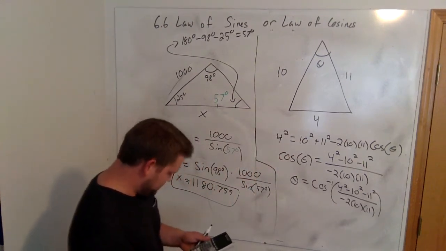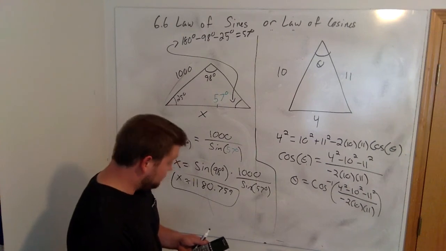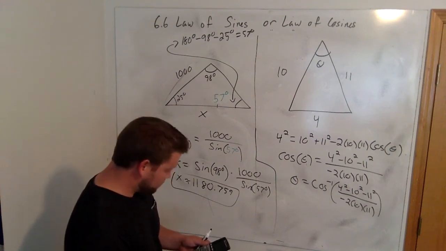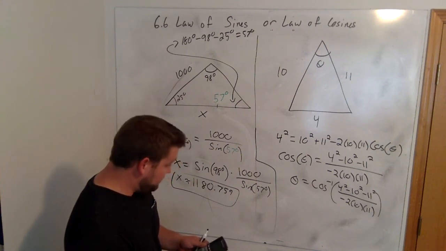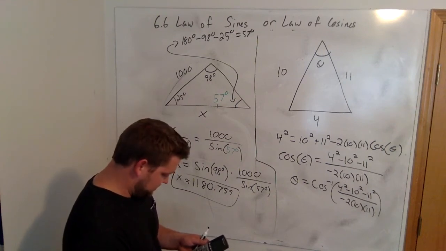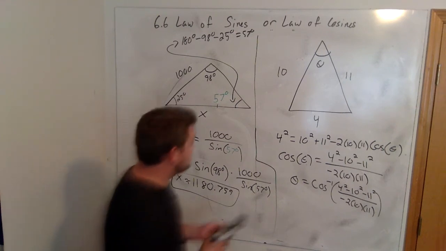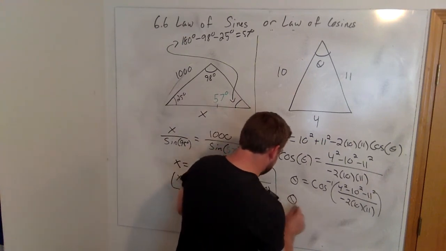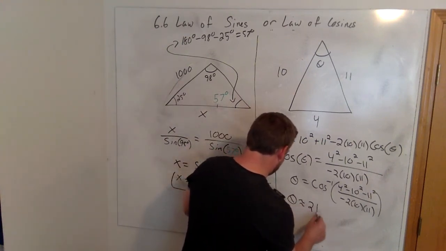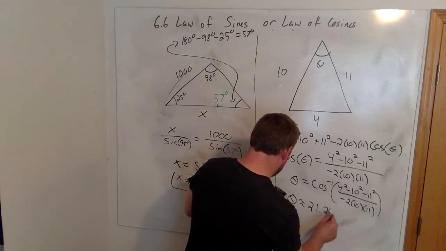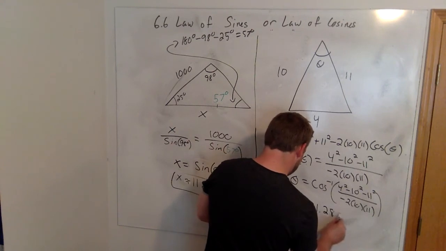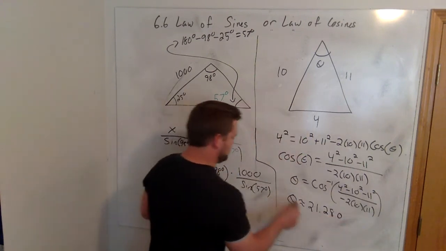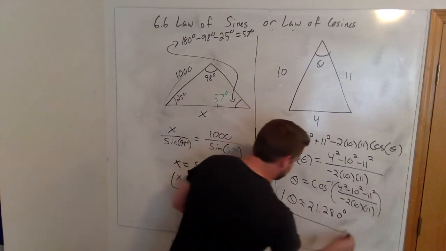The cosine inverse of 4 squared minus 10 squared minus 11 squared, divided by negative 2 times 10 times 11. So I'm getting that theta here is 21.280, if we're rounding to 3 decimal places. And this is degrees, it's an angle. So there we have it.